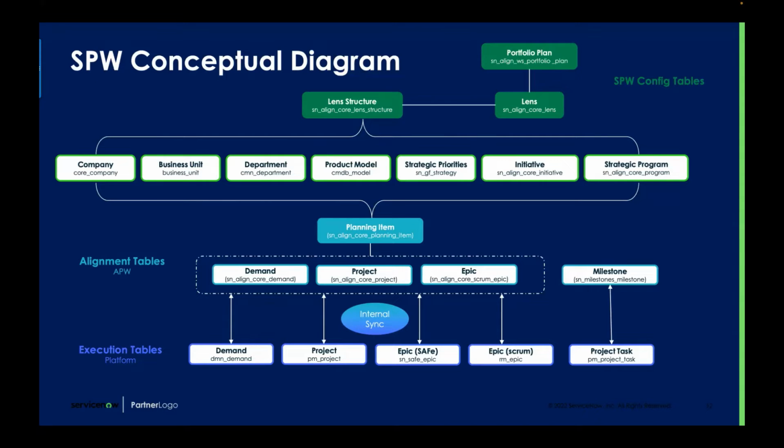This is an overview of the tables used within strategic and portfolio planning. You will see that the ServiceNow platform and the SPM tables are used for that lens structure. Then we look at the actual execution tables and the alignment tables, and they are used to sync the work item data.